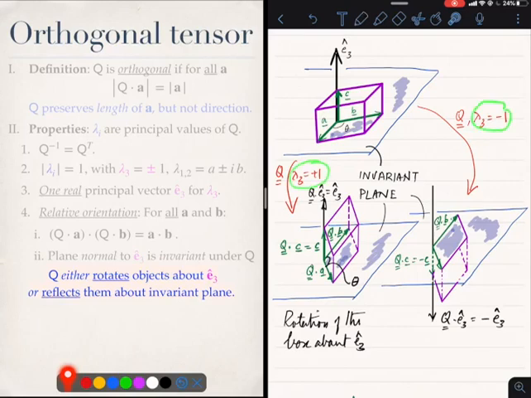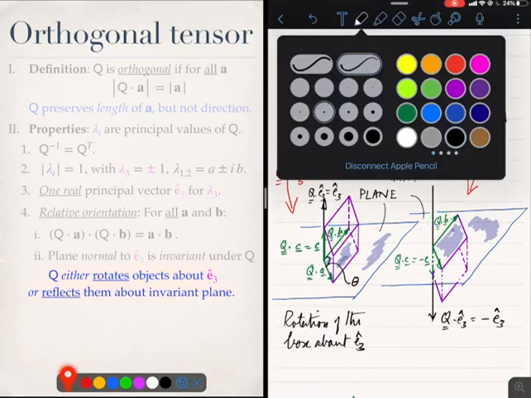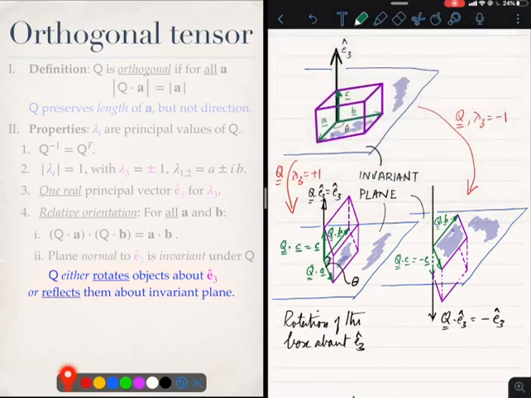When lambda 3 is minus 1, nothing changes for QA and QB. They remain like that. So this one is QA, and this angle remains theta. Okay. However, C now flips and you get QC is minus C, so that the box which remained on top of the invariant plane now is below the invariant plane.